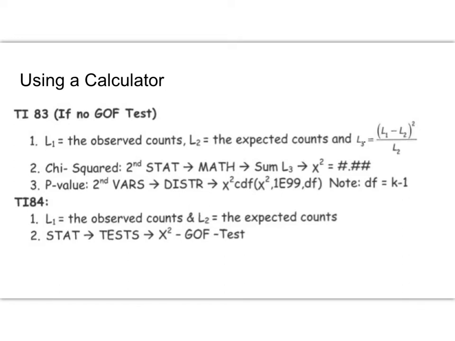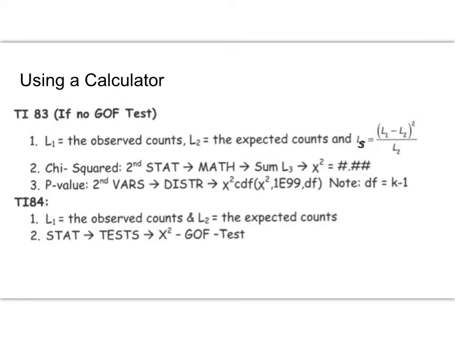You're going to use list 5, and then you're going to do a chi-squared test, and that is second stat math, sum L3, chi-squared. Your p-value would be second variables, distribution, chi-squared CDF, chi-squared to infinity with your degrees of freedom.